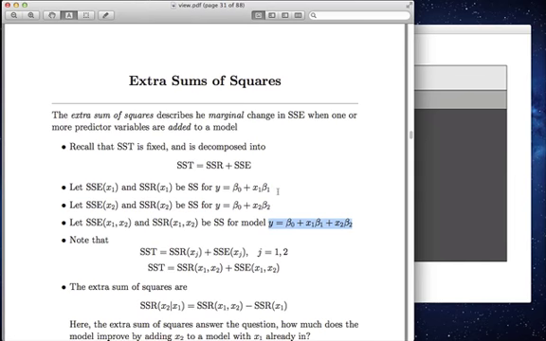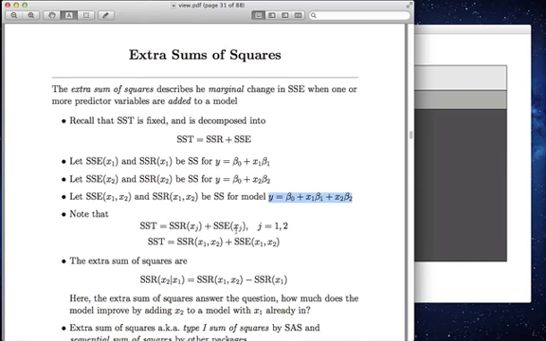I found this notation to be confusing the first time I saw it as a student, so don't get intimidated by it. It's really a very simple idea. Let's say that the amount of explaining done by a model with just one of these x's in it is SSR.